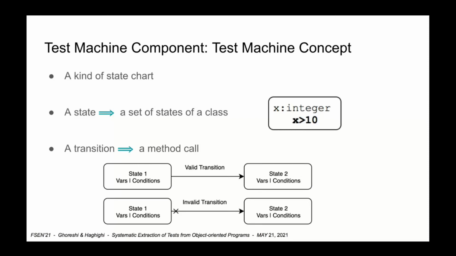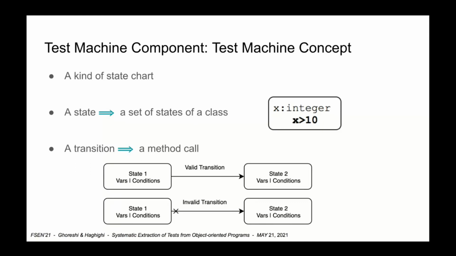For example, as shown, if x is an integer class variable, a state of the test machine can be represented like x greater than 10, which represents all states of the class where the value of the variable x is greater than 10.